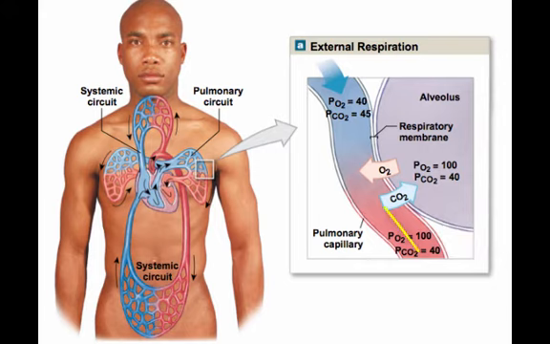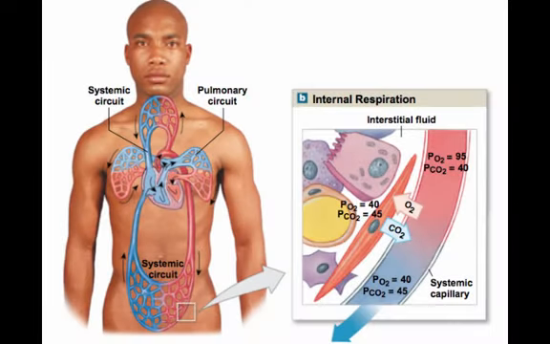The pulmonary veins carry the blood to the heart, and the heart ejects the blood into the systemic circuit. By the time the blood reaches the systemic circuit, the partial pressure of oxygen drops slightly to 95 millimeters of mercury as it mixes with the blood in the heart. But the partial pressure of carbon dioxide remains the same at 40 millimeters of mercury. The systemic arteries carry the oxygenated blood to the tissues.